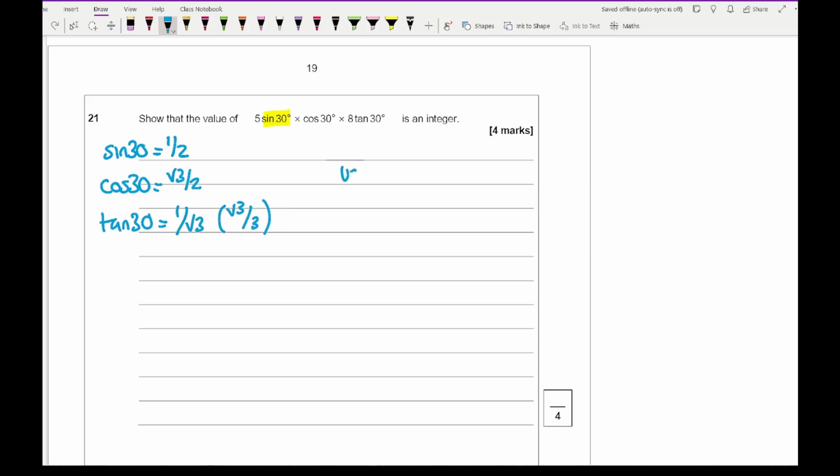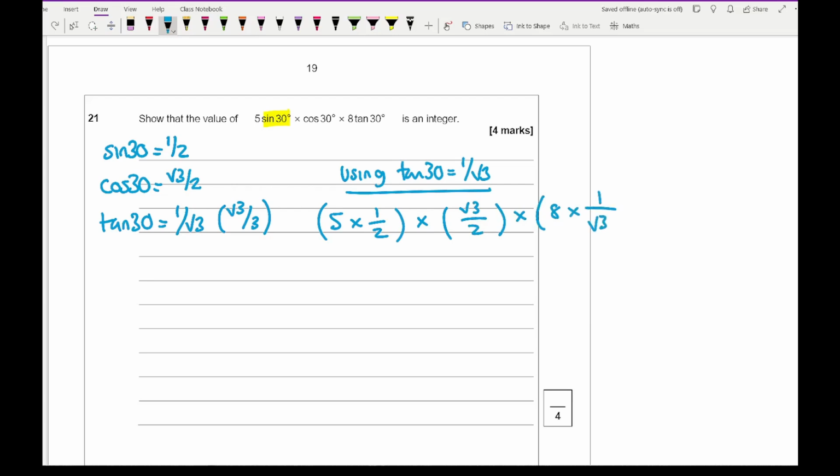So using tan 30 equals 1 over root 3, then what we get is 5 times a half, multiplied by root 3 over 2, multiplied by 8 times 1 over root 3.